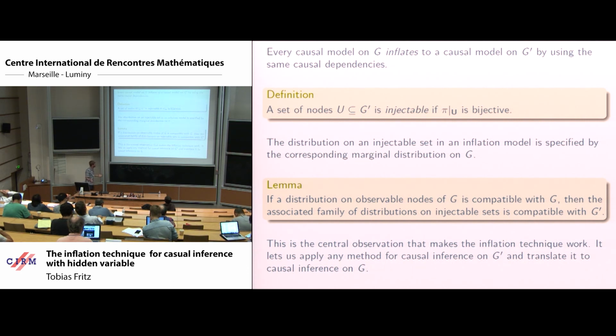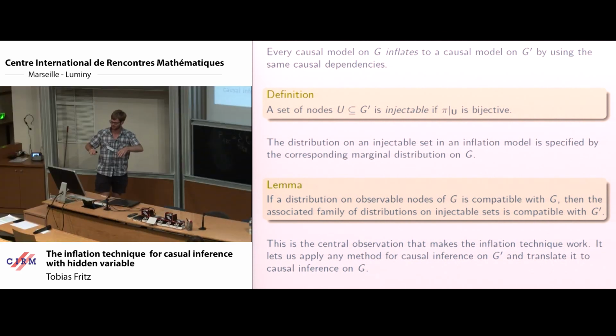And so this is a central observation, and it also means that we can, in principle, apply any method of causal inference at the level of G prime, and the inflation technique strengthens it to something that applies to a different graph. When I say strengthen, it may not be clear why it gets stronger, but this is because in the examples, the only techniques that we were really using at the level of G prime were the existence of a joint distribution, and the fact that when you have nodes with disjoint causal paths, then they're independent.